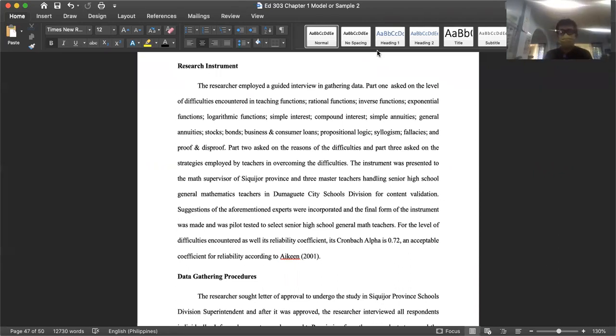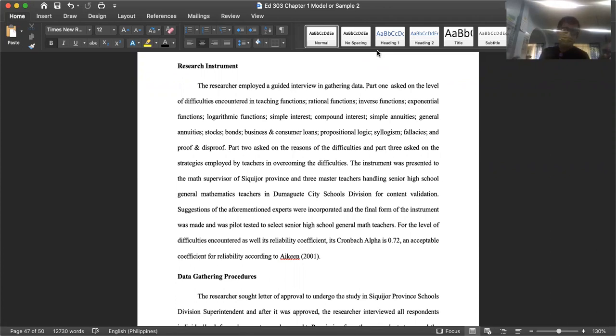What is the purpose of validating your instrument? You construct your own instrument based on the learning competencies, but you don't have the expertise yet. Why? You are still students. But these people, the math supervisors, the English supervisors, the master teachers, the veteran math teachers, the veteran English teachers, the veteran science teachers, they have been teaching the subject.